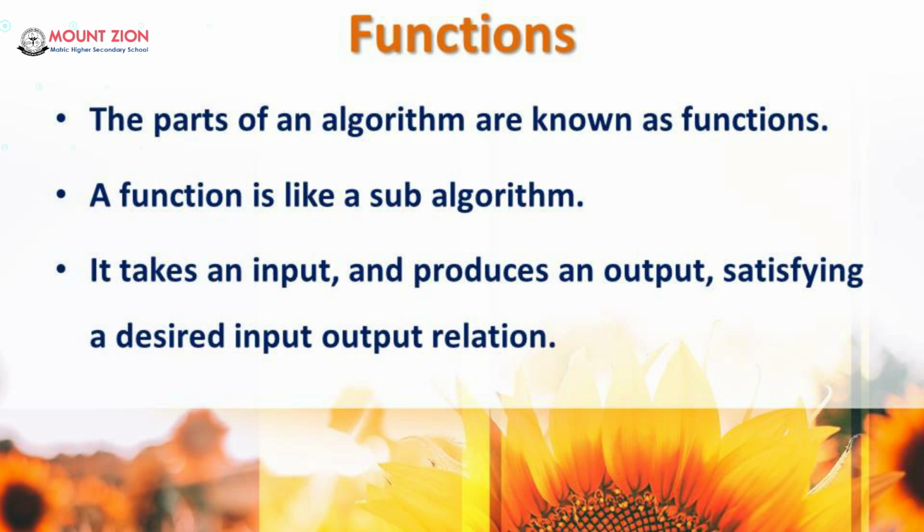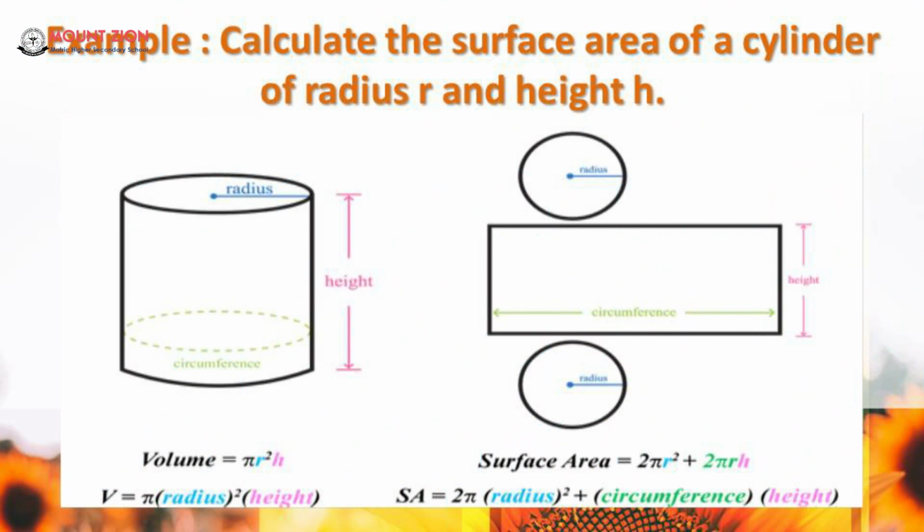Let's have an example. Suppose we want to calculate the surface area of a cylinder of radius r and height h. So what will be the result? We'll get A equals 2 pi r squared plus 2 pi r h. So that is the surface area formula. We can identify two functions here: one for calculating the area of a circle and the other for the circumference of the circle.